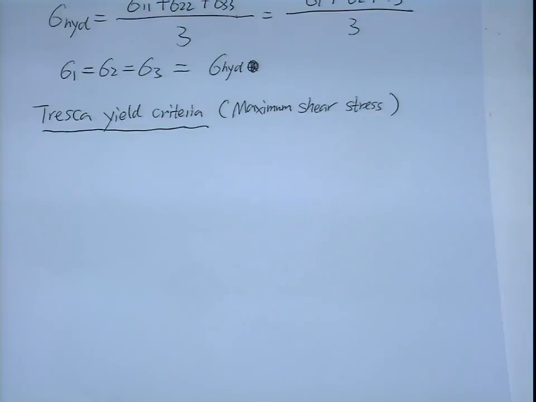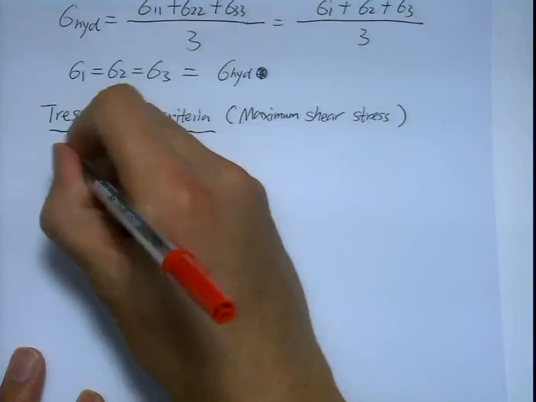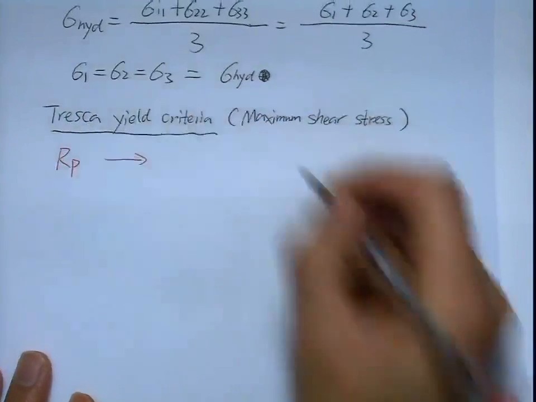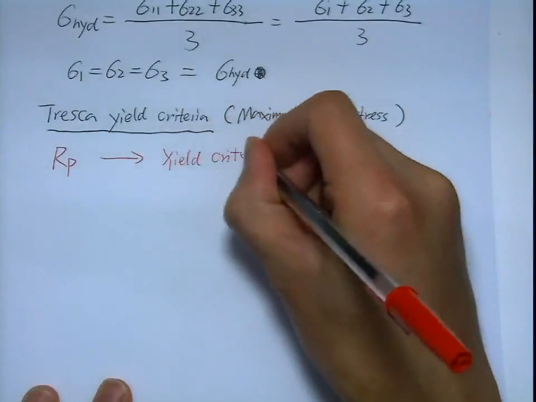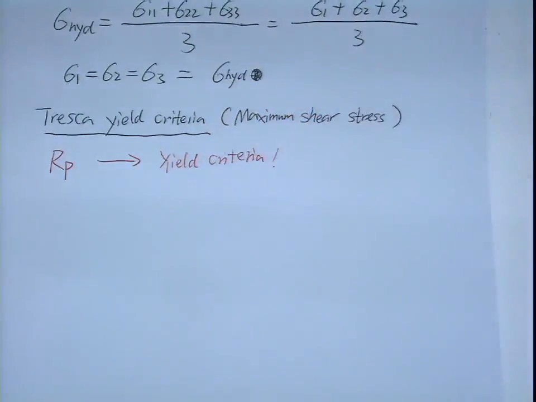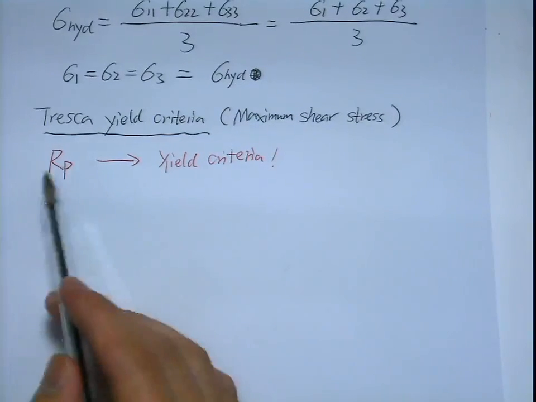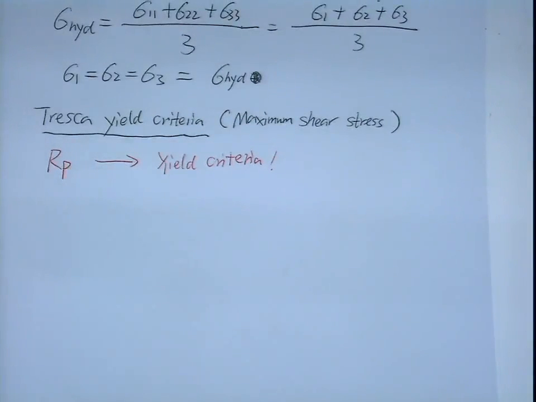But in most cases, you only get one value from this uniaxial tension, which gives you the uniaxial tensile yield strength, Rp. So my question is how to relate Rp to the Tresca yield criteria. Okay, how to relate that? Because in the end, we want to use this value rather than using the maximum shear stress, although they can be related by some equation.